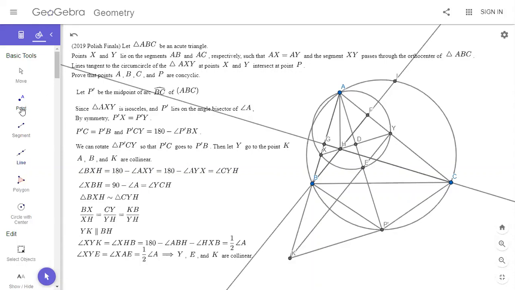So you want to show that the intersection of JX and IY lies on the circle, right? Yeah. And this is Pascal's theorem.